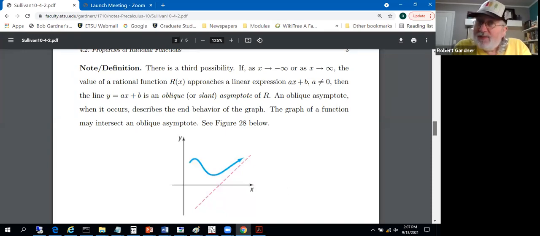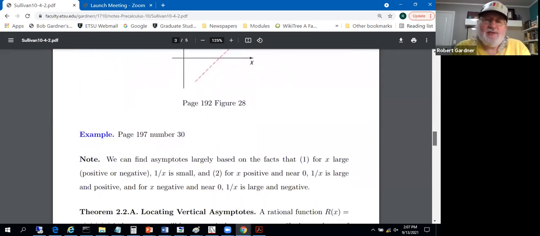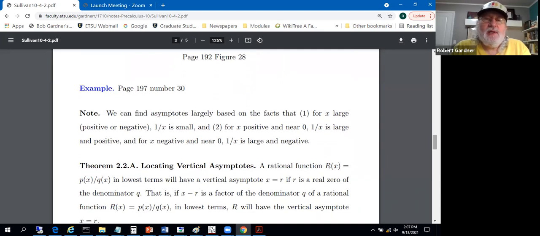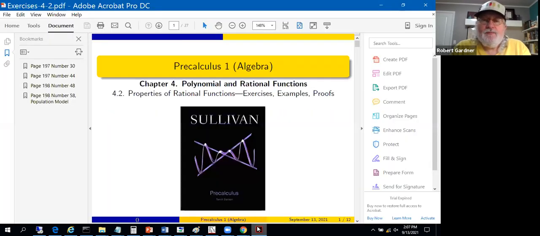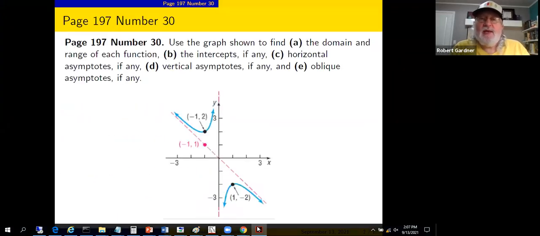So horizontal asymptotes, vertical asymptotes, and oblique asymptotes. Let's look at an example, number 30. From this section, it says, consider the graph. Like I said, we'll graph in the next section. In this section, they've given us a graph, and they want us to dissect this graph.